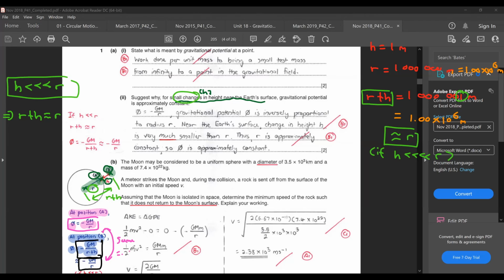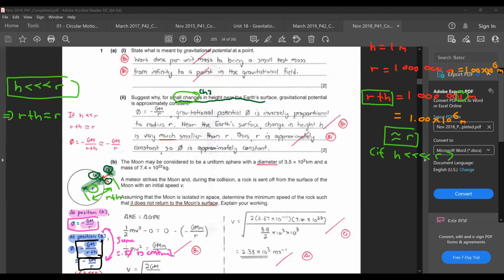Therefore, phi is constant. That's the understanding here: why we can say that your potential is approximately constant for very small distances above the Earth's surface. This is you explaining from an equation point of view.